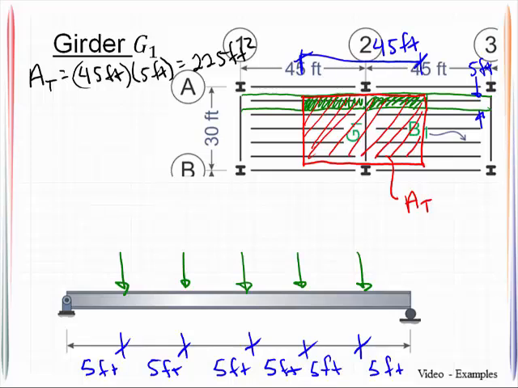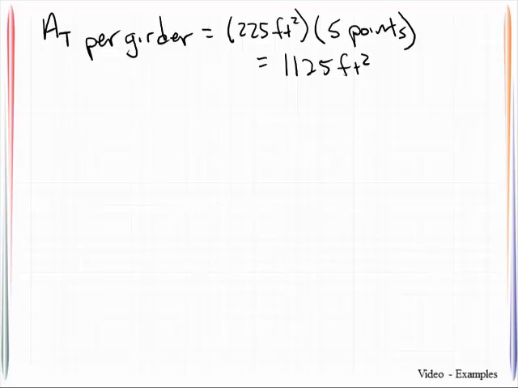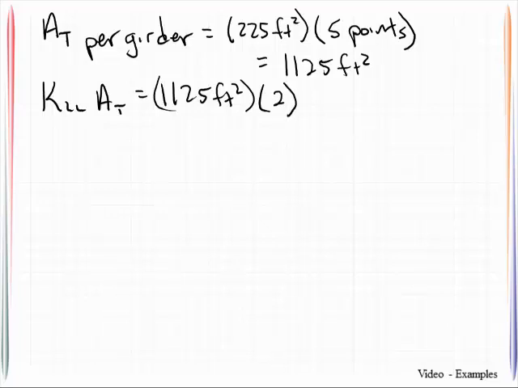Let me come back here and just write that. Now we can check our KLL AT value. 1125 feet squared multiplied by 2, that's the KLL for a beam. That'll give us 2250 feet squared, which of course is greater than the 400 feet squared.